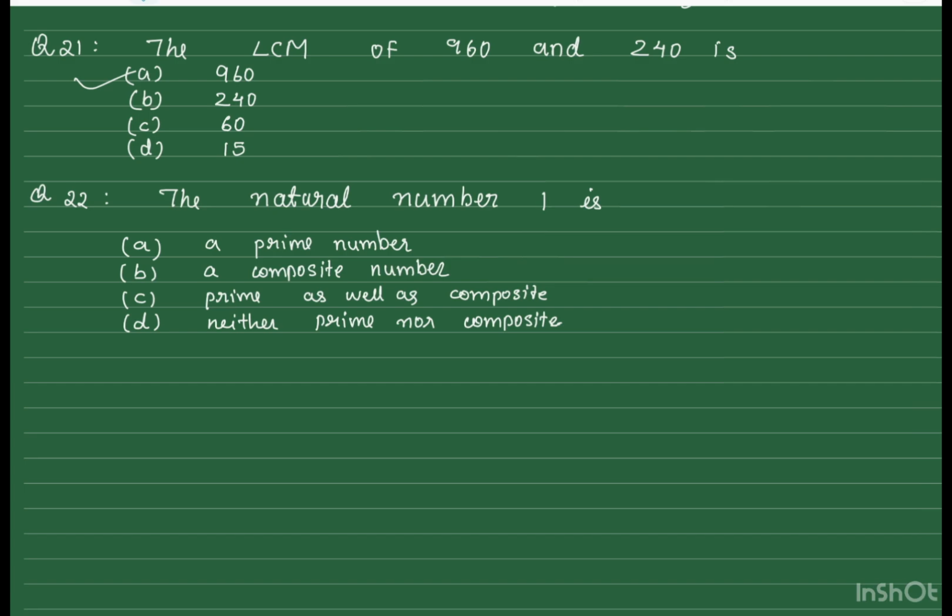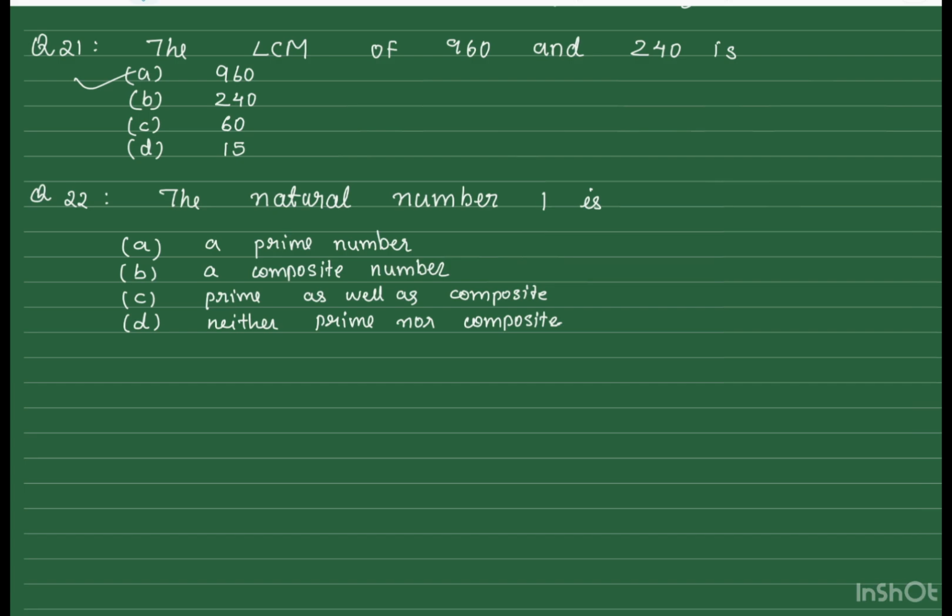Question number 22. The natural number 1 is a prime number, a composite number, prime as well as composite, neither prime nor composite. A prime number is a natural number greater than 1 that has exactly two distinct factors, 1 and itself. So 1 does not have two distinct factors, so it is not a prime number.